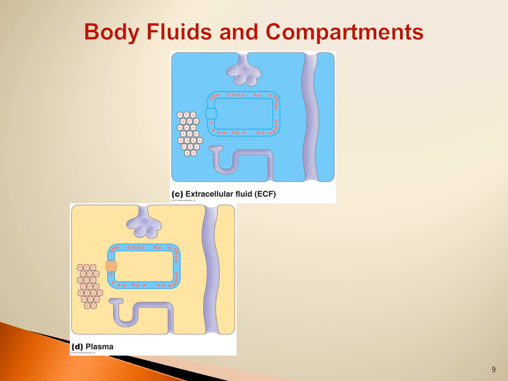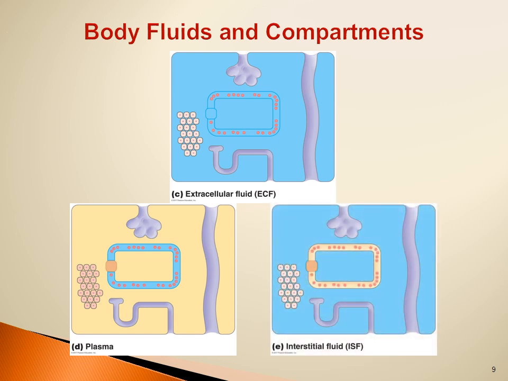The cells are of different types: red blood cells, white blood cells, and platelets, and the fluid inside these cells is part of the intracellular fluid. But the liquid part, or the plasma of the blood, is part of the extracellular fluid. And the rest of the extracellular fluid is present between the cells and outside the cardiovascular system, and this is called the interstitial fluid.